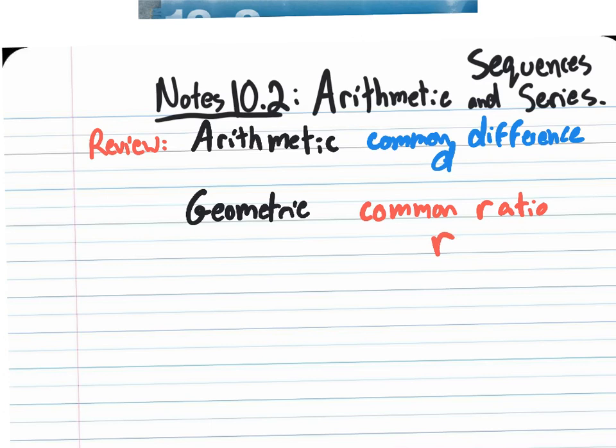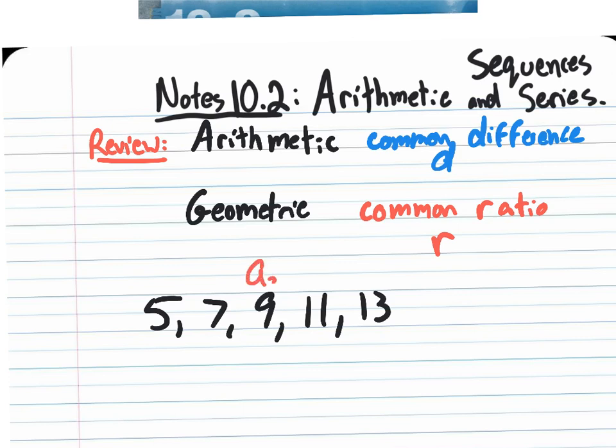Reviewing, let's begin with this list right here: 5, 7, 9, 11, 13, and that's a sequence, a list of numbers. And we talked about the notation. If you wanted to talk about the third number, the number 9 on this list, you could refer to that as a sub 3.